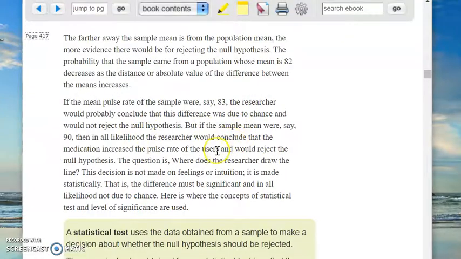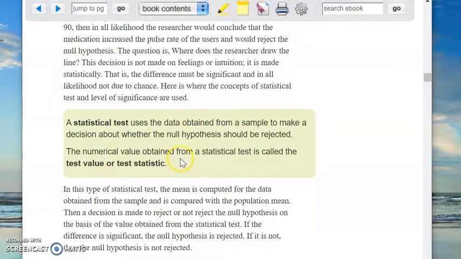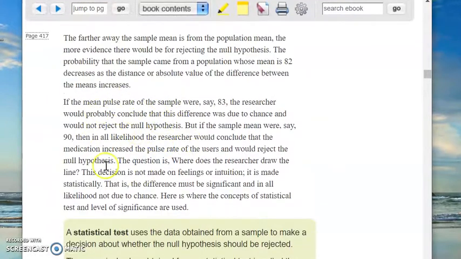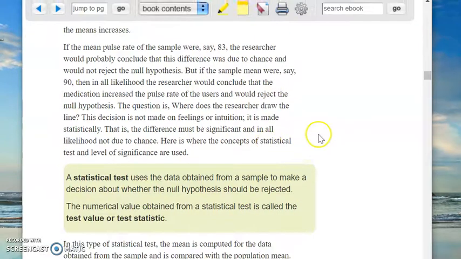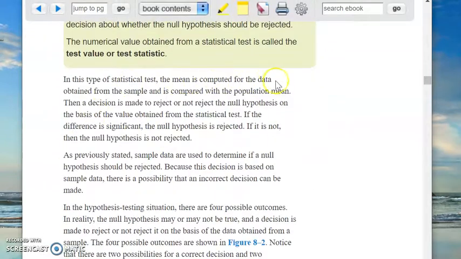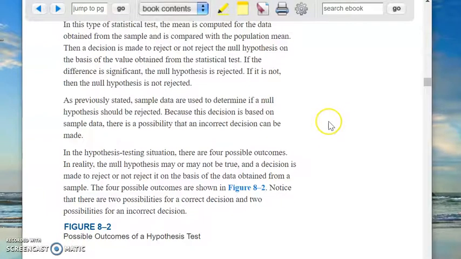It's almost the essence of it right here, okay? Talking about this mean pulse rate and how do you make a decision? The mean is computed from the data that you get. You compare it to a population mean. You make a decision. It's all based on the statistics involved. That's the essence, okay?